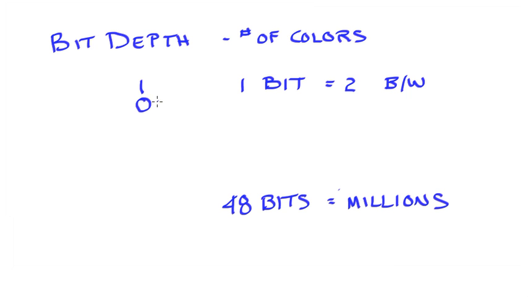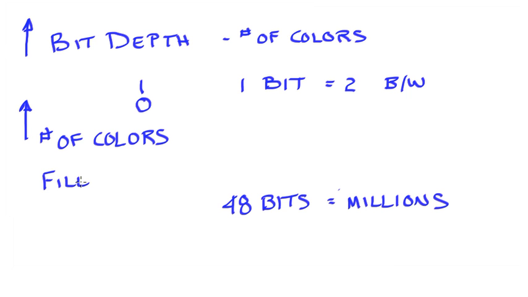What's going to happen as the bit depth increases, the number of colors that it can represent is increasing, and if everything else stays the same when we go to scan, our file size will also be increasing.